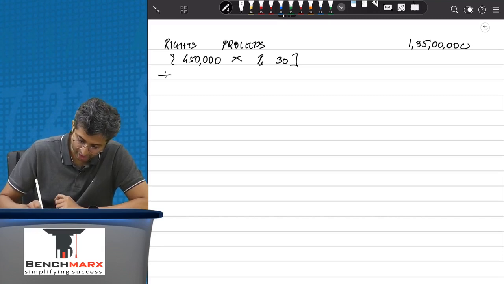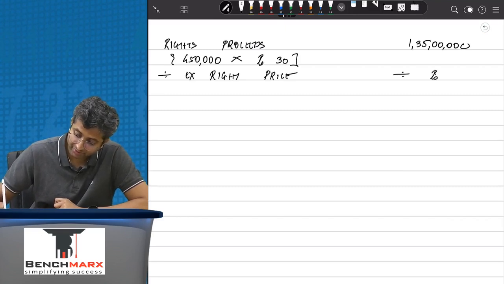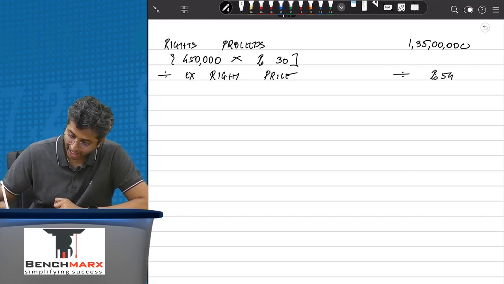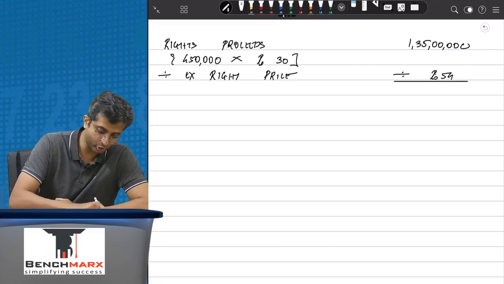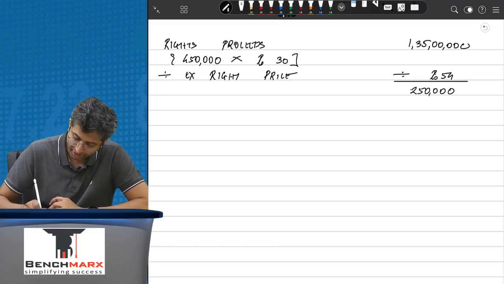Had you issued it at the excluding right price, which over here is going to be rupees 54, the number of shares that you will issue is 1 crore 35 divided by 54, which is 2,50,000.